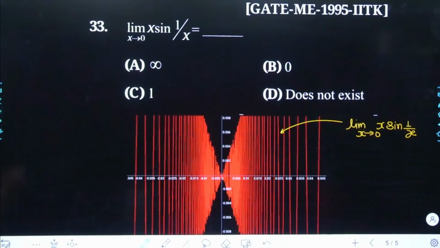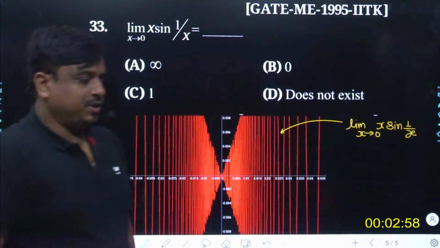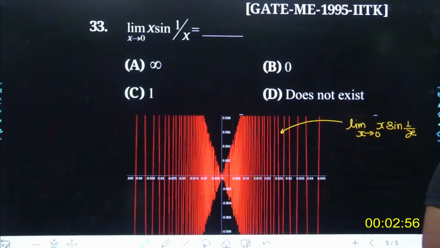So let me give you approximately 2 minutes. Tell me what could have been the answer for this given question.